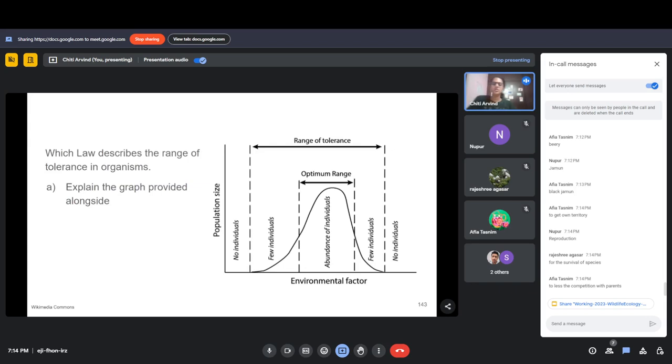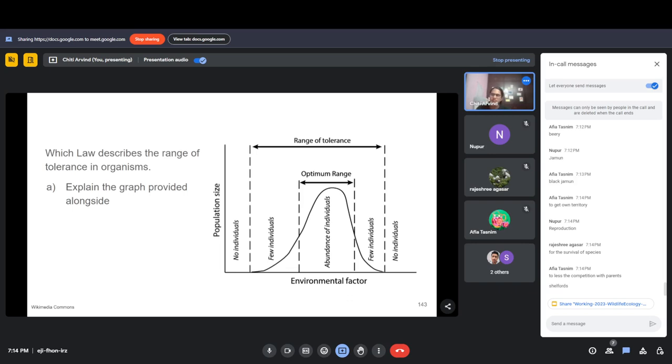Okay, so tell me, which law describes the range of tolerance in organisms? Whose law is this? It's covered in your lectures. Shelford's law, says Afia. Others?